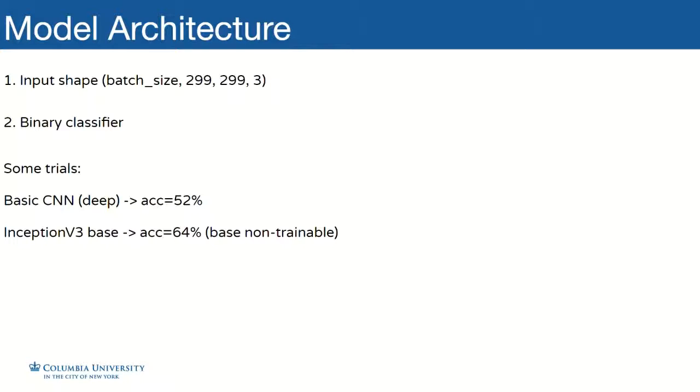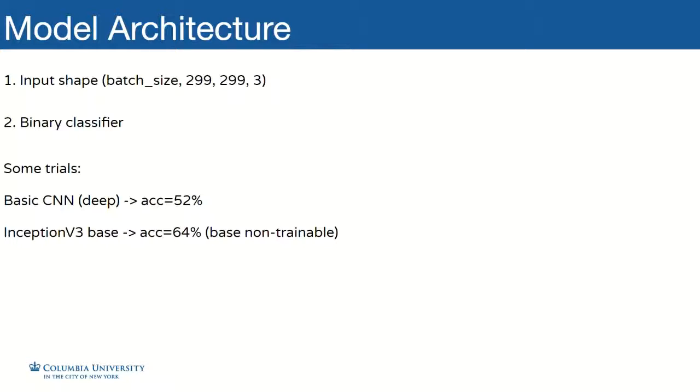We first tried to use a basic convolutional neural network that we designed and only got random-guessing accuracy. Then we used transfer learning, which is using the Inception version 3 model pre-trained on the ImageNet dataset, and got accuracy over 60%, but that is not satisfactory because the base is non-trainable.